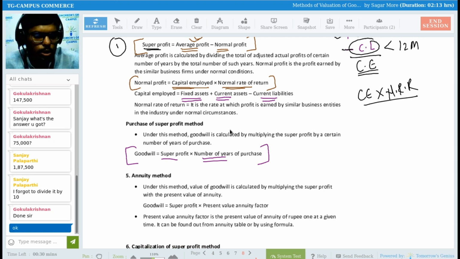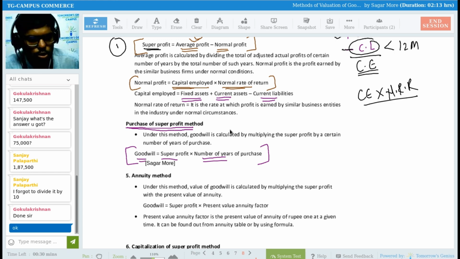In the case of the average profit method, the formula was goodwill is equal to average profit multiplied by number of years of purchase, right? Similarly, here goodwill is equal to super profit multiplied by number of years of purchase. Understanding, right? This is the first method, purchase of super profit method. By this we can calculate goodwill. First I need to calculate super profit, then multiply it by number of years of purchase. I can get the answer for goodwill.